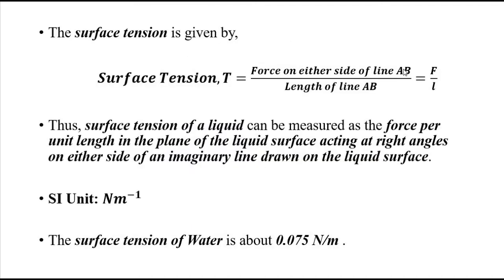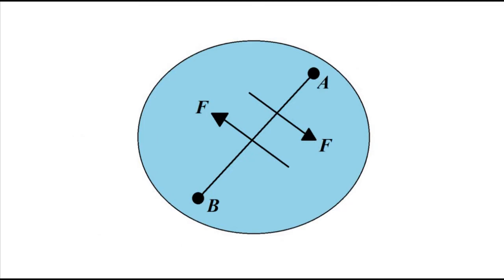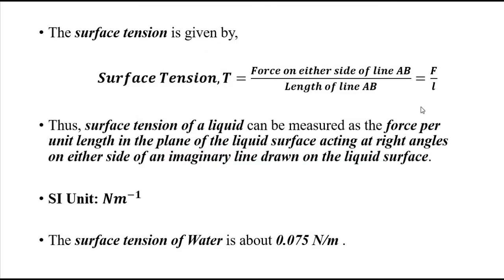So surface tension is expressed as the force on either side of the line AB, that is F, divided by the length of the line AB, which is L, F by L. Its unit is Newton per meter, and this is all about surface tension.